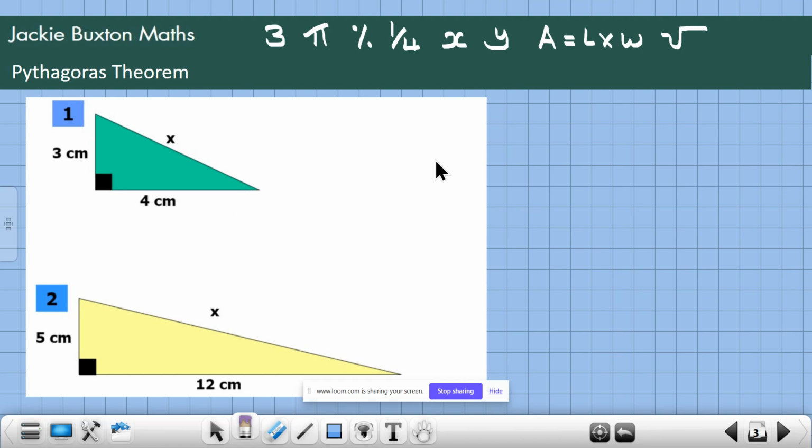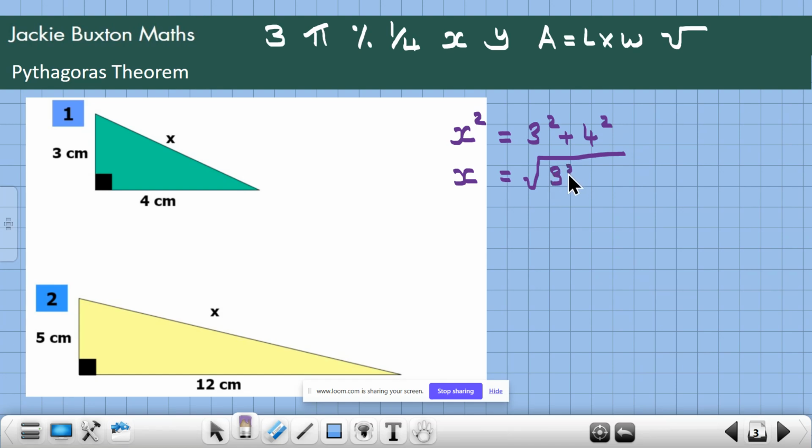So I'm going to start by writing x squared is going to be equal to 3 squared plus 4 squared. And then I'm going to say that means that x would equal the square root of both of those.